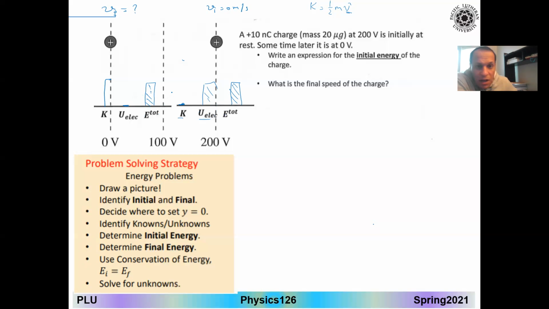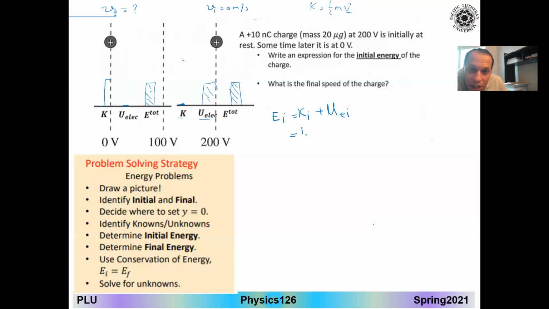So let's write it down as an equation right now. Let's start with E i, which is the initial energy, which is basically K i plus U electrical i. So you can call it E initial. Let's replace those values.